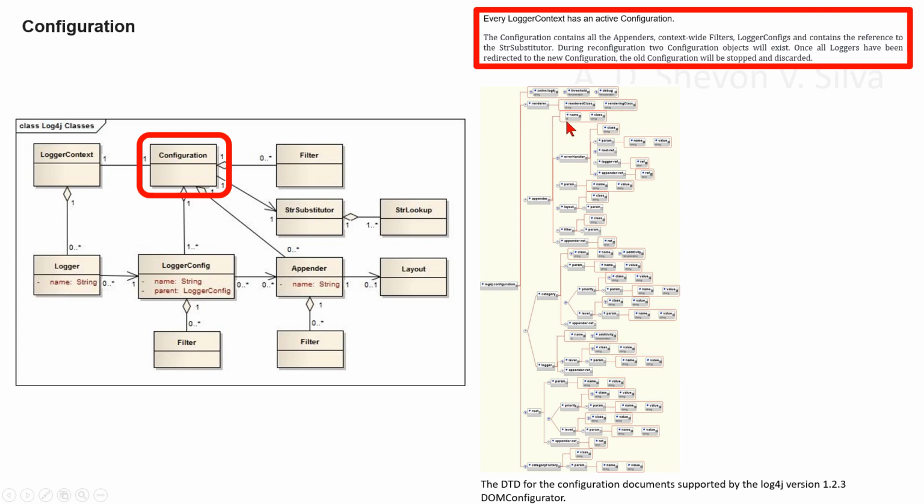Here the appender interacts with name, id, class string, errorHandler, and then appender-ref. ErrorHandler interacts with class string, param, and param interacts with name string and value, and here root-ref, and here the logger-ref interacts with ref id ref.